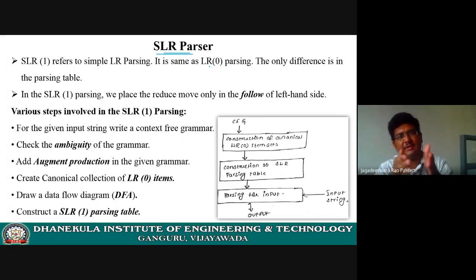That means whatever steps we did in all the previous classes, here also in the SLR parser we need to do that. But the difference is that the SLR parser tries to eliminate the conflicts, the shift-reduce and reduce-reduce conflicts. Here we again need the construction of a parsing table.